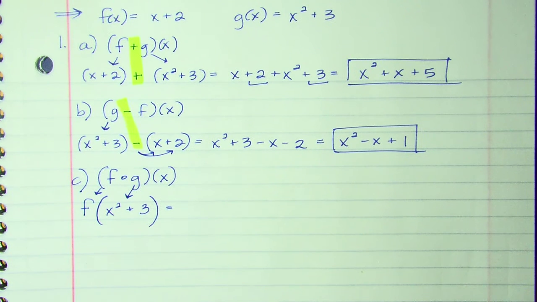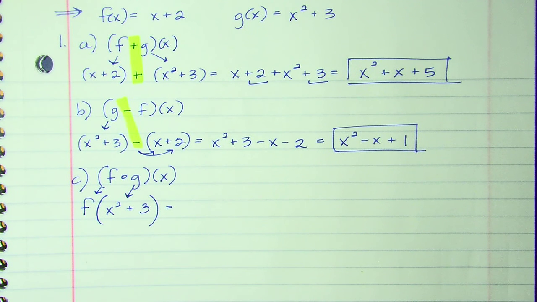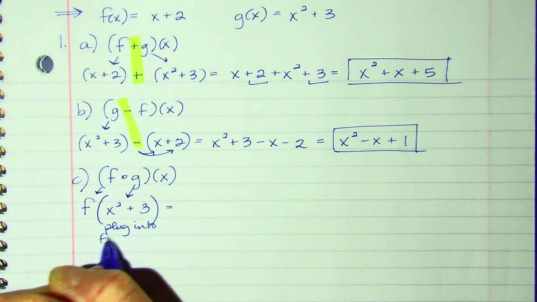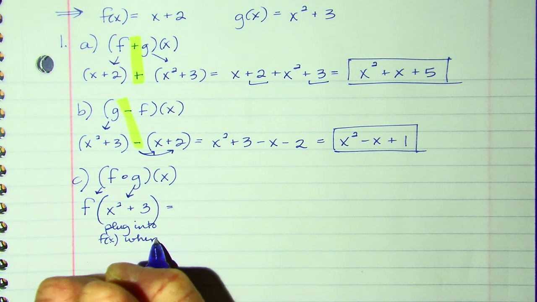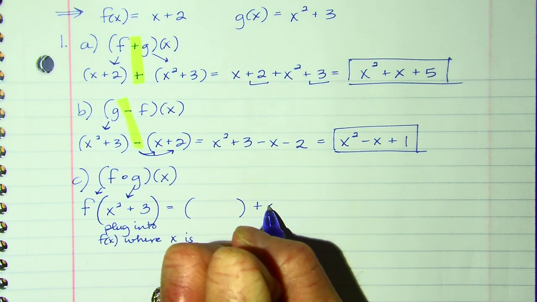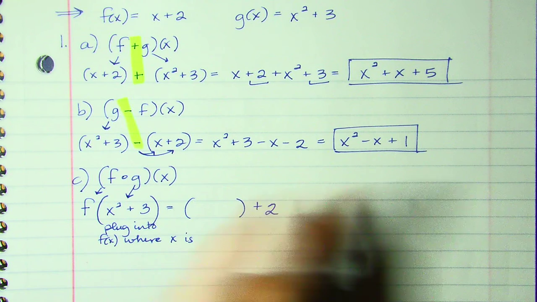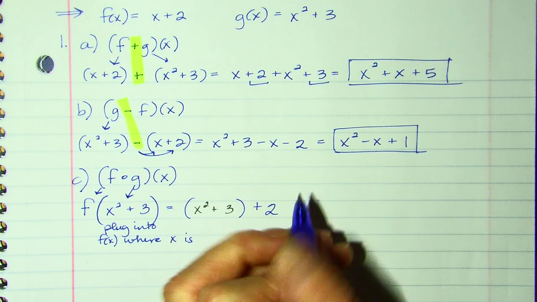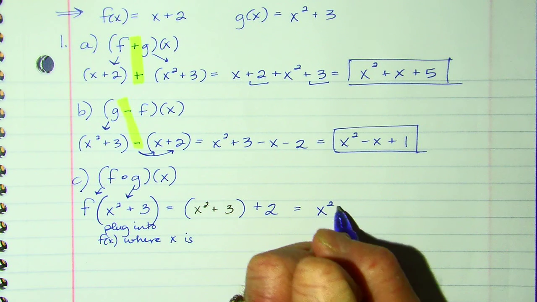So this is saying that I'm substituting g into f. So plug into f of x where the x is. So the function of x is x plus 2, but I'm substituting in x squared plus 3, and I end up with x squared plus 5.